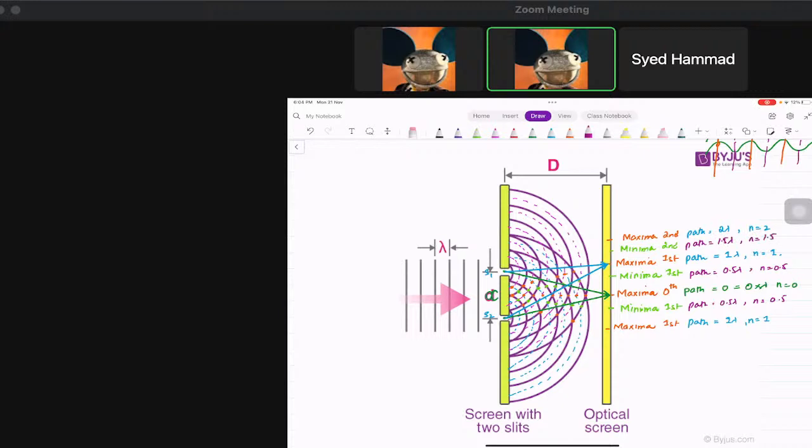So for minimas, it goes like 0.5, 1.5, then 2.5, and so on. For maximas, it goes like 0, 1, 2, 3, and so on. Is that clear? Ahmad, any questions here?